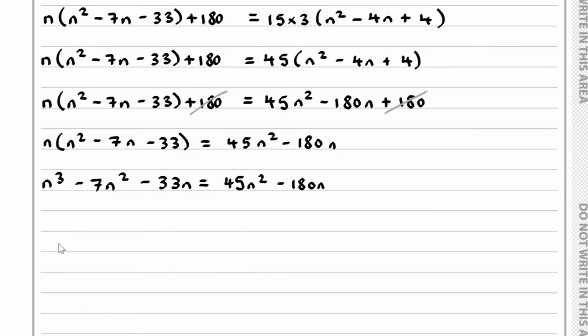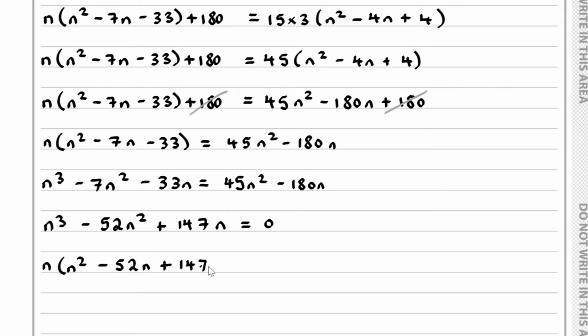So if I take everything over to one side, I have n cubed minus 52n squared plus 147n, that's equal to 0. And then I have n times n squared minus 52n plus 147, and that's equal to 0.